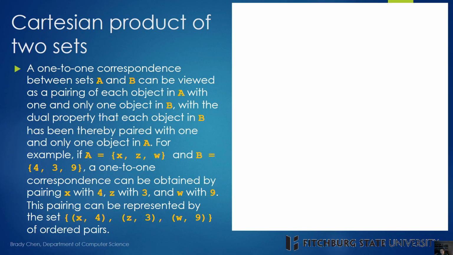Okay. Now in the previous slides, we defined some kind of relations between two sets, right? Now one of the special relationships is called a function. For example, if we have two sets A and B, remember that's the example we used, B contains two elements, right? So we define a function which contains the ordered pairs.